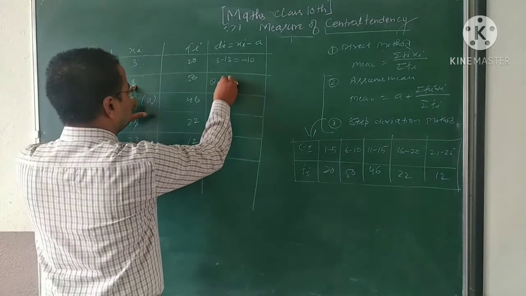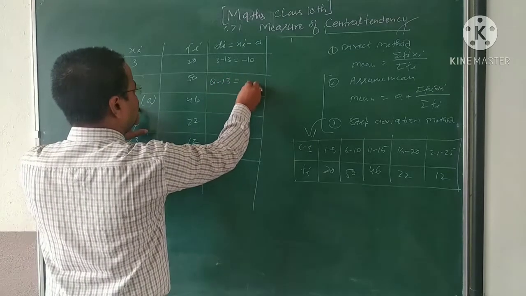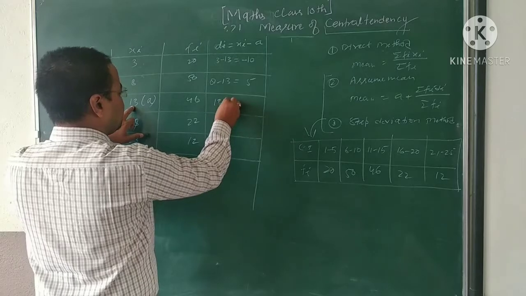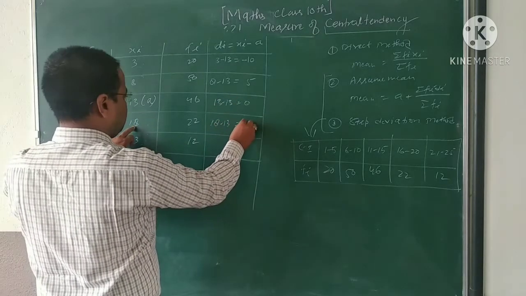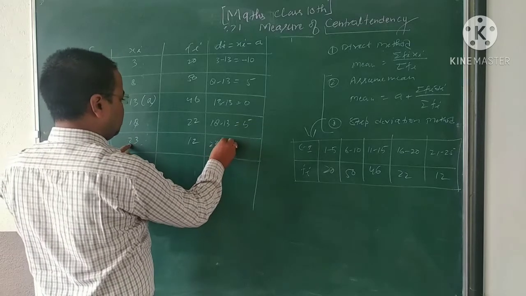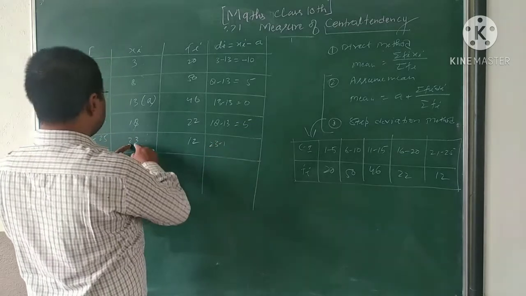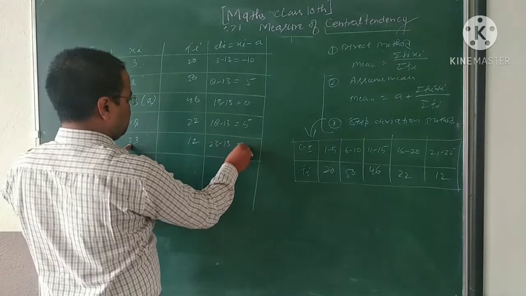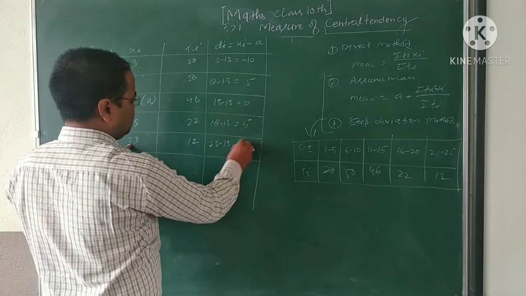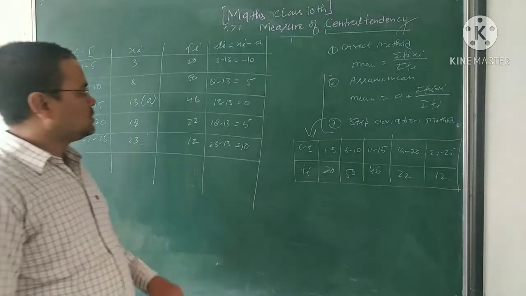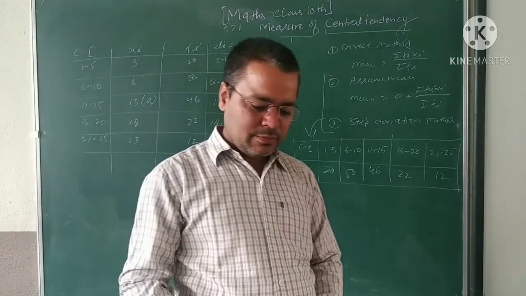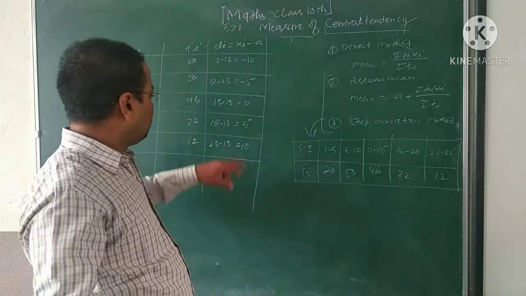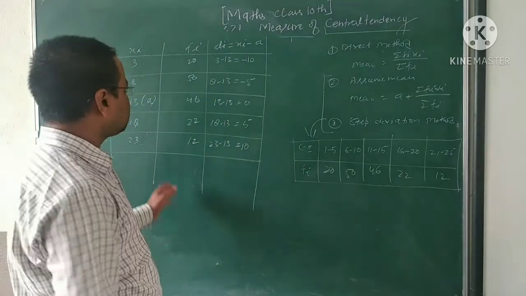Again 8 minus 13, it will be minus 5. 13 minus 13 is equal to 0. 18 minus 13 will be 5. 23 minus 13, it will be 10. Like this, means minus 10, minus 5, 0, 5 and 10.